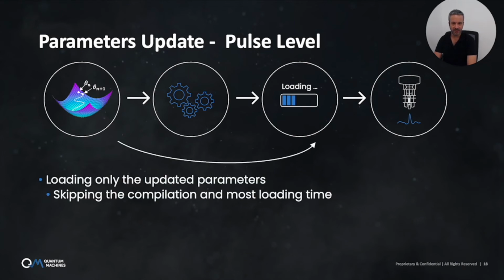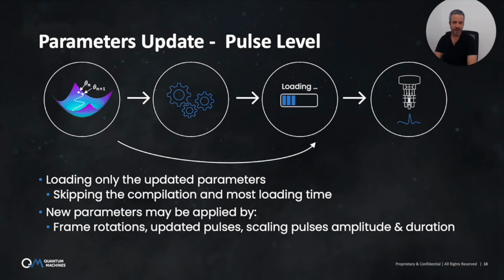With parameterized pulses, we can skip the compilation and load only the new parameters directly to the quantum computer. The new parameters may be applied by frame rotations, updated pulses, or scaling the pulse amplitude and duration.